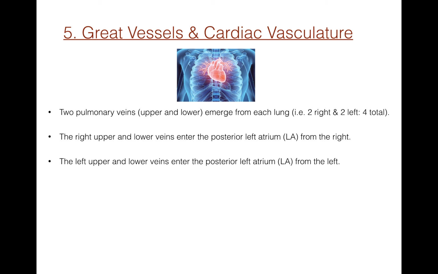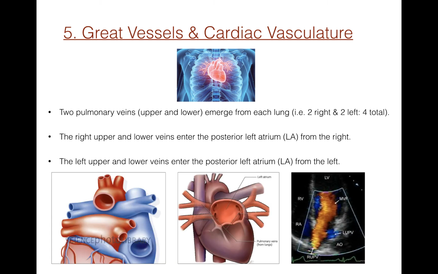The right upper and lower veins enter the posterior left atrium from the right. The left upper and lower veins enter the posterior left atrium from the left. These illustrations help to show that, and the right one shows the right upper pulmonary vein imaged using colour Doppler from a transthoracic echo.